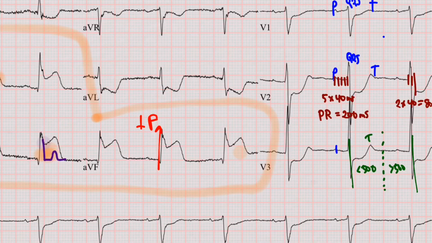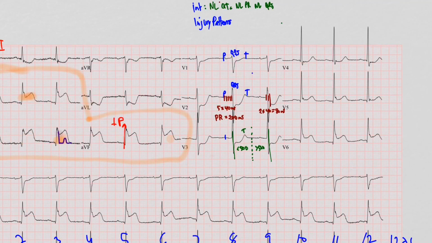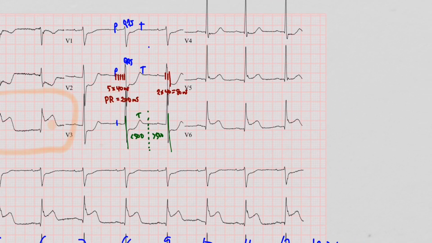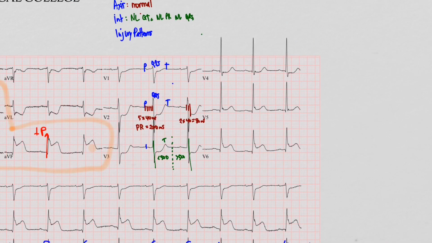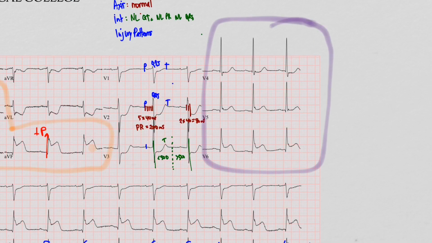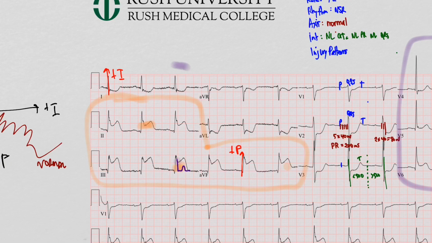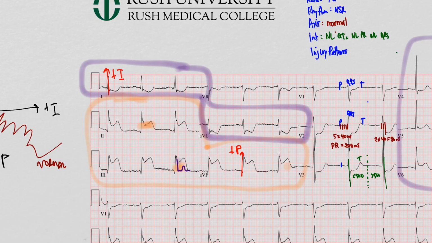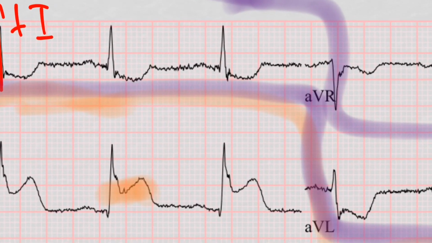What else do we got? Let's go look at the lateral ones. I think I made that purple before, so let's make it purple again. Okay, so laterally, do we have anything? Maybe it's starting over here, right? But these other ones, 4 and 5, not so much. Let's look at these ones. In the high lateral ones, no, we don't have ST elevations. In fact, we have just the opposite.